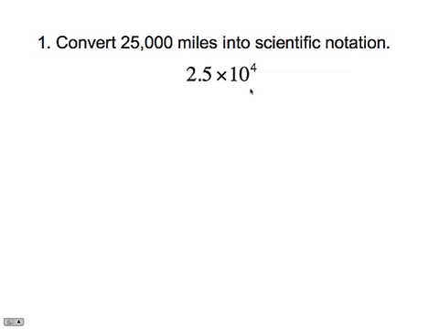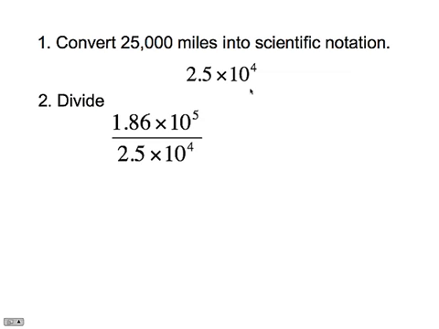The distance light travels in 1 second is 1.86 times 10 to the 5th miles. Divide that by 2.5 times 10 to the 4th miles. First, we divide our coefficients. 1.86 divided by 2.5 is equal to 0.74. Then we divide our powers of 10. 10 to the 5th divided by 10 to the 4th is 10 to the 1.